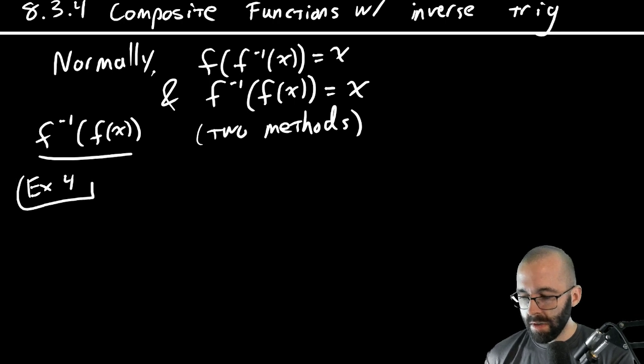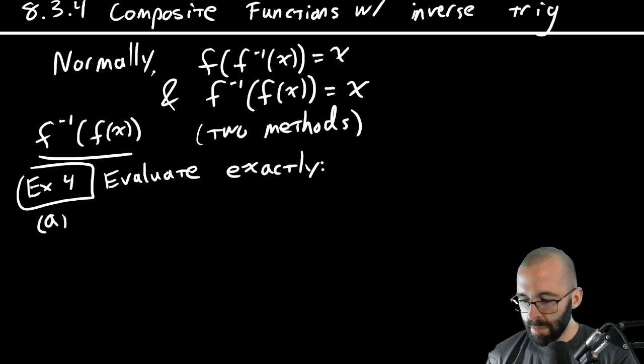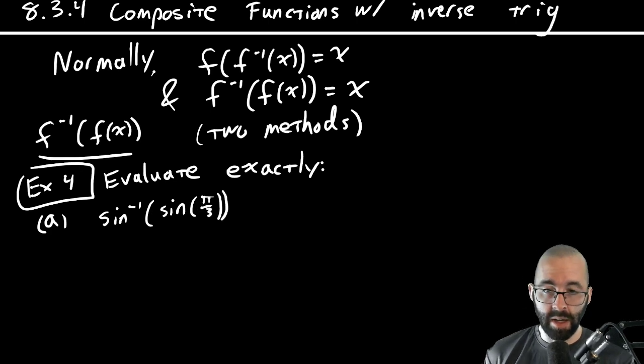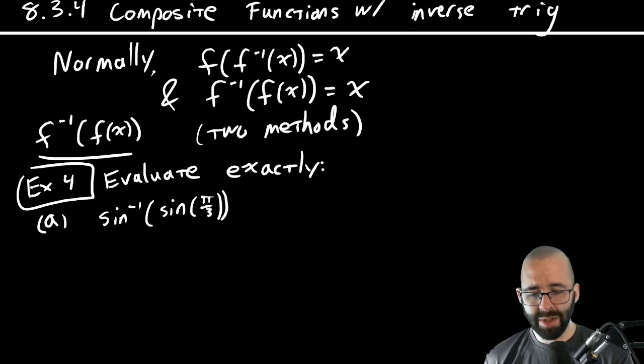Example 4. I think that's what we're on. Evaluate exactly. Part A. The inverse sine of the sine of pi over 3. So there's two methods. I should comment on what they are.